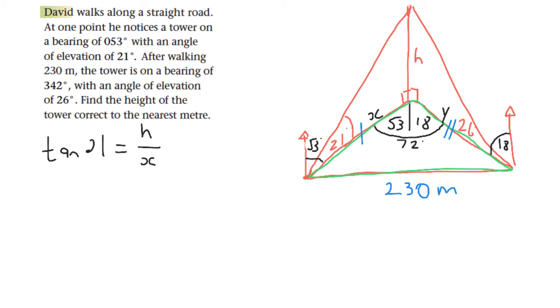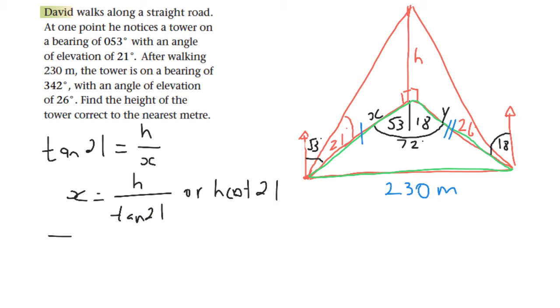I'm going to rearrange this so that I've got x as the subject: x equals h over tan 21. Now another way we could write that, once we've looked at some trigonometric identities, is h cot 21, cot or cotangent being the reciprocal of tangent. Doesn't matter which way you write that, unless you're asked to write it one way. Here we're just asked to find the height.